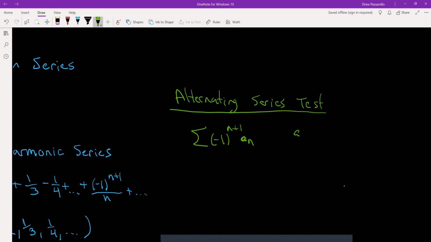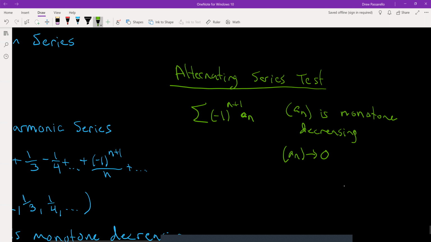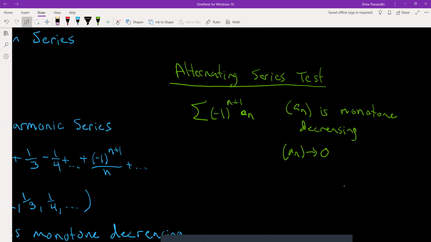Now if a_n is monotone decreasing, and then a_n converges to 0, then this alternating series converges by the alternating series test.